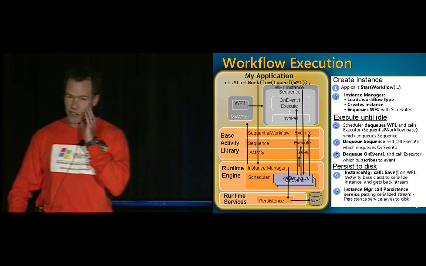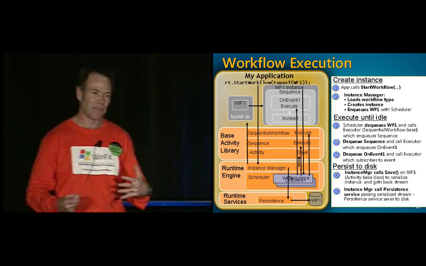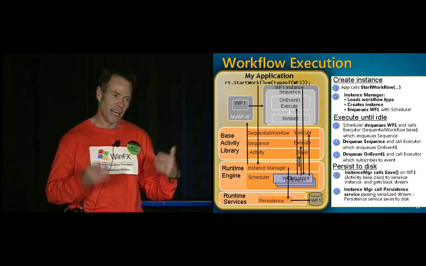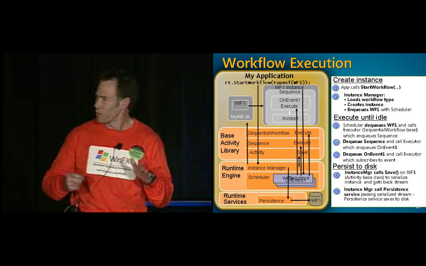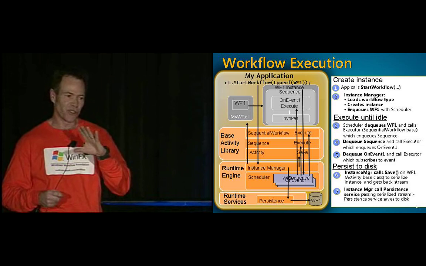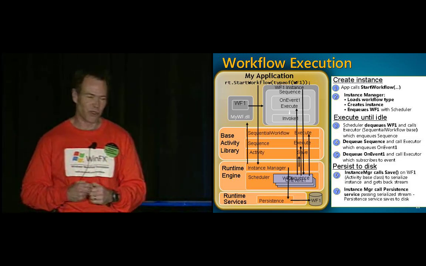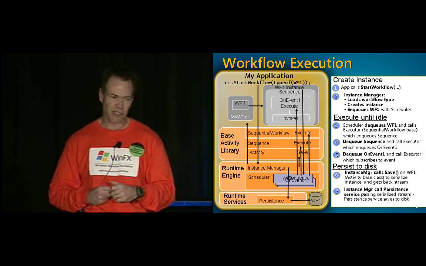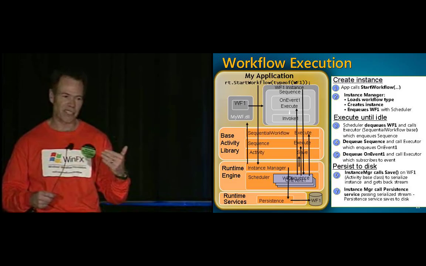Okay, so now let's go under the hood a little bit and drop down a level of detail and talk about what was really happening when a workflow was running, as Paul showed earlier on. I'm going to refer here to the three-layer stack that I showed earlier that Windows Workflow Foundation is comprised of: the base activity library, the runtime engine, and the runtime services, and show you how they interact in a very simple example.